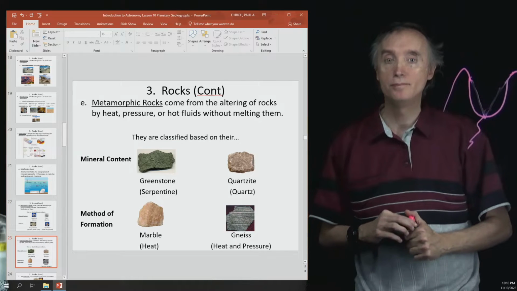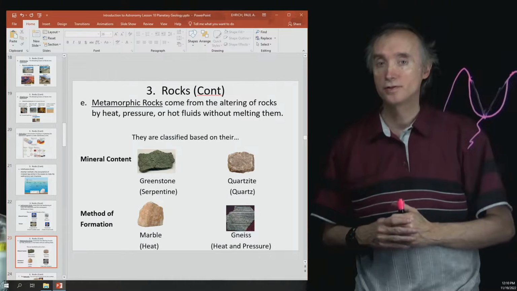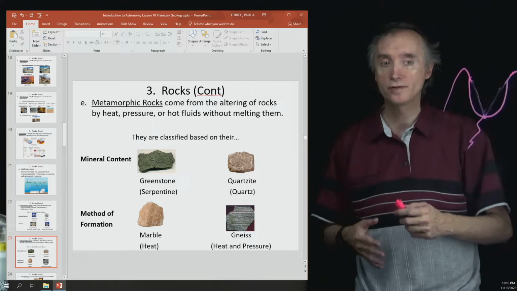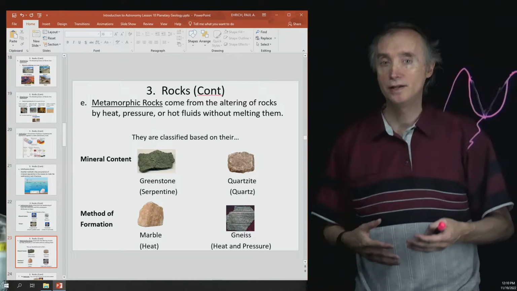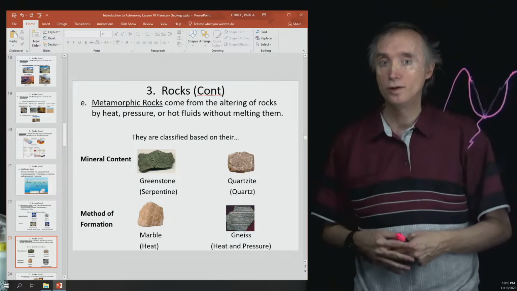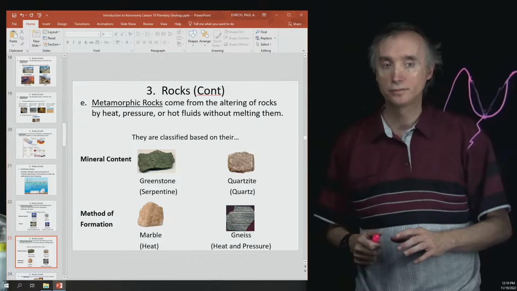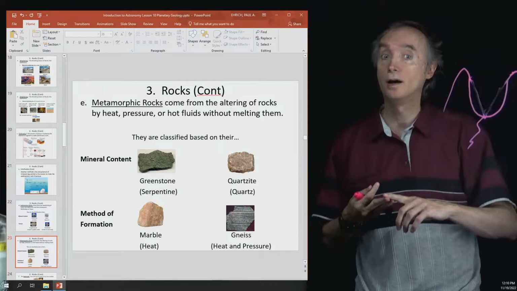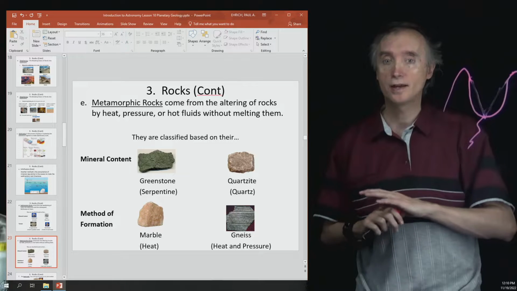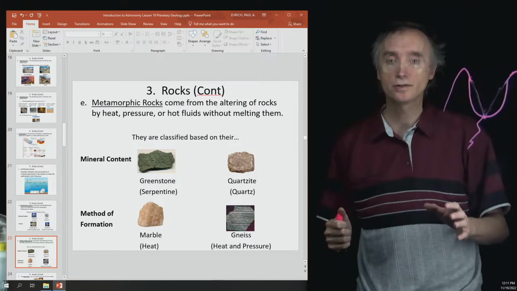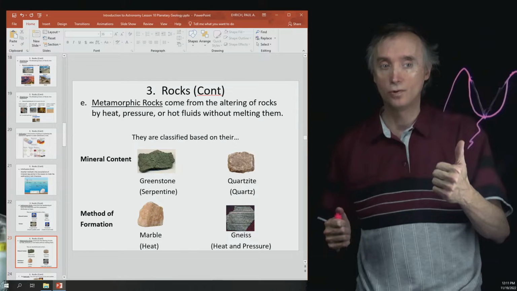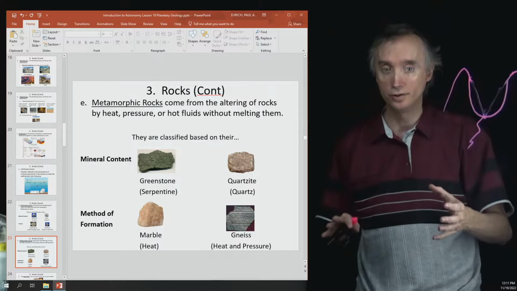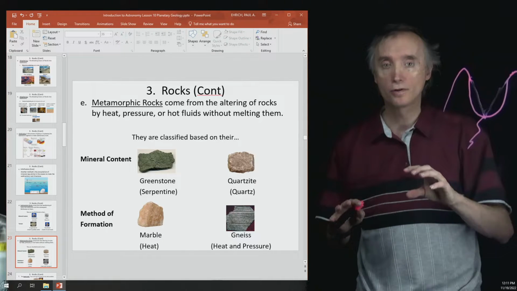Okay, let's take a look at metamorphic rocks. So think about when a butterfly metamorphosizes, what does that mean? It means it changes. So when we take any kind of rock, it could be an igneous rock, a sedimentary rock, or another metamorphic rock, and you subject it to heat or pressure or hot fluids, you can metamorphosize it.